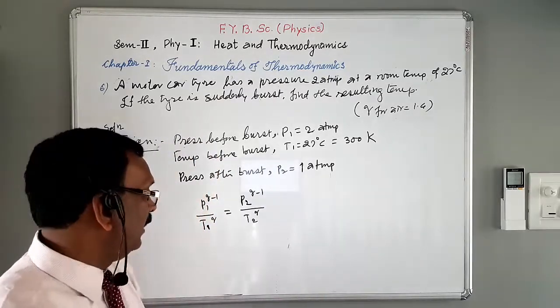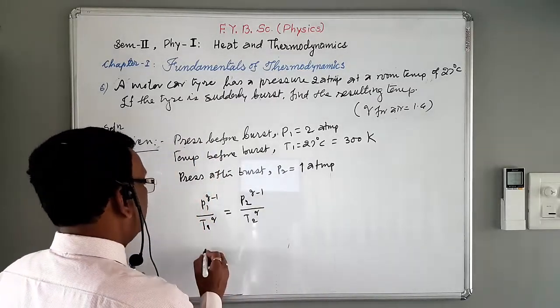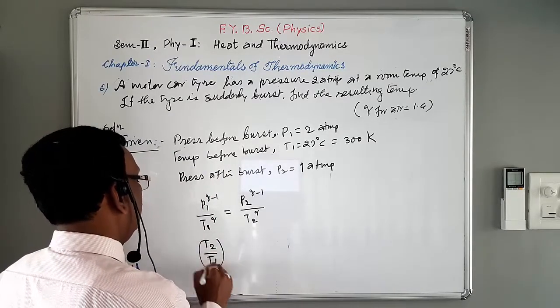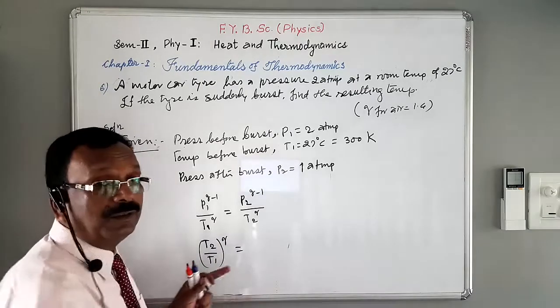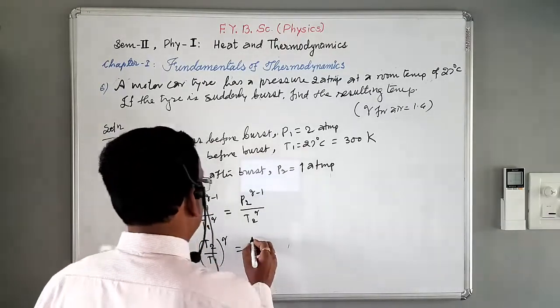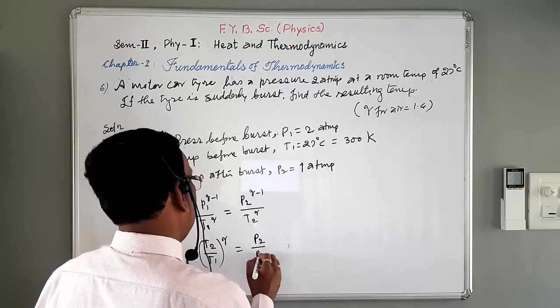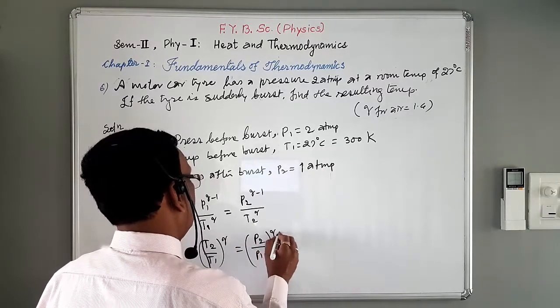Or simply you can write T2 upon T1 equals P2 upon P1 raised to gamma minus 1 upon gamma.